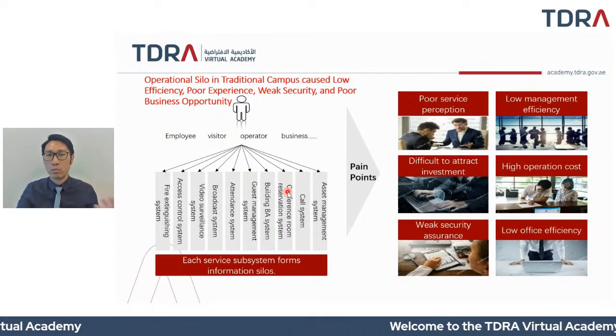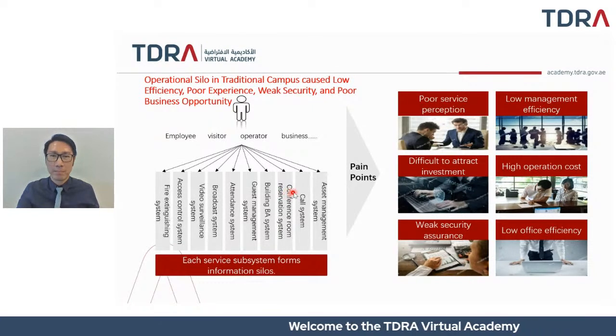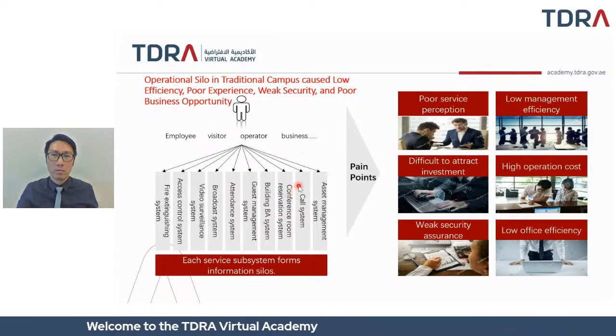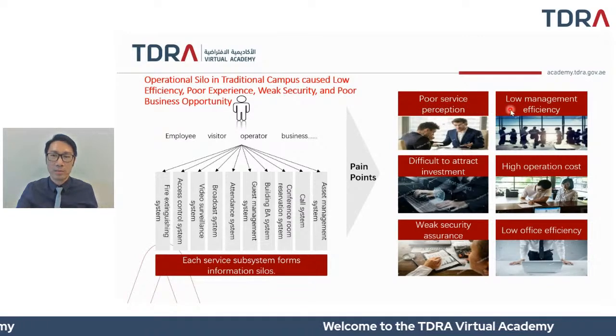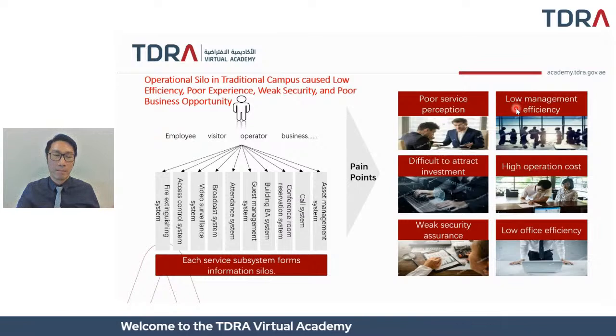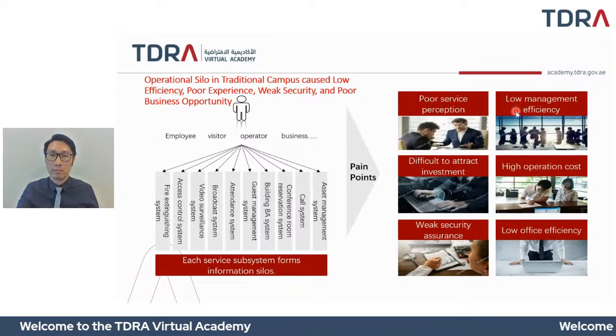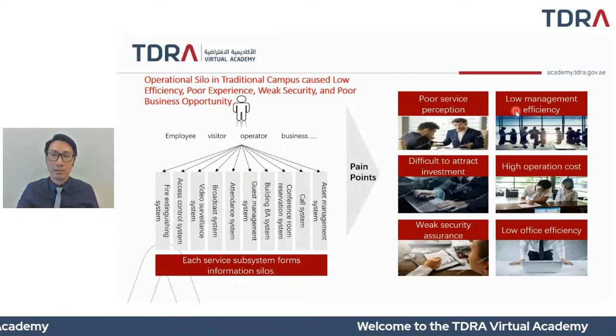Okay, so this would generate some pain point, or we call it inconvenience. So it would cause a poor service reception and low management efficiency, whether it is the energy or some flow for, for example, the visitor visit the campus.